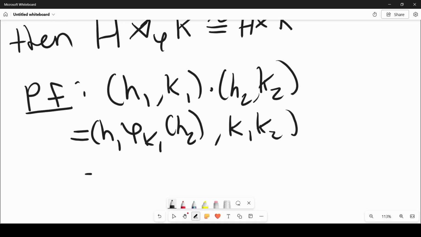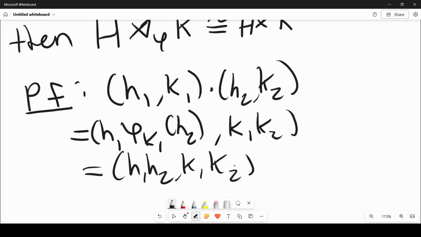But since φ is trivial, this just maps to h2, so we get (h1 h2, k1 k2), which is exactly what we would get during the direct product. So it's the exact same as H cross K. And so hopefully this should give you the intuition that the semi-direct product is generalizing the direct product.